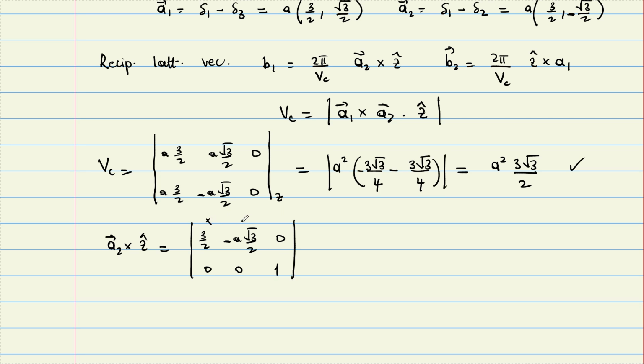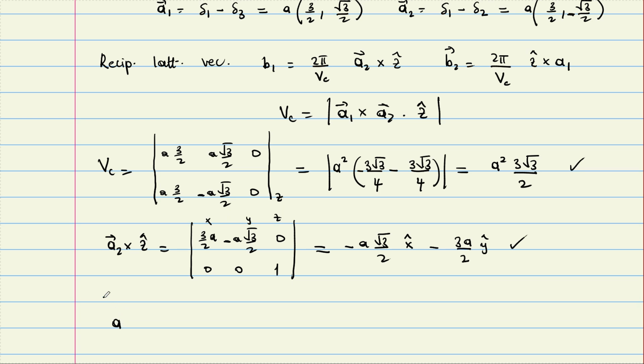I'm going to write X, Y, and Z, and this is equal to minus a root 3 over 2 X, minus, there's also a here, 3a over 2 Y, and 0. Let me check that. This seems to be correct.